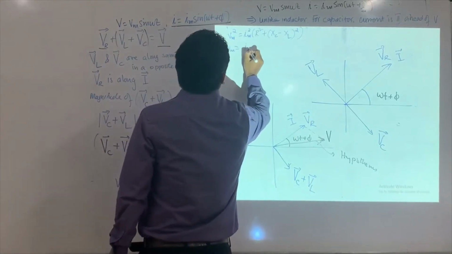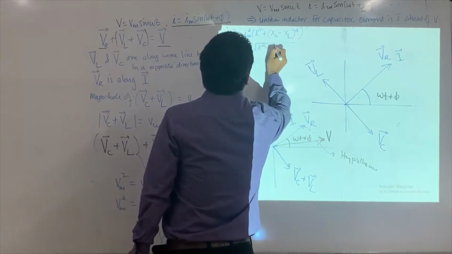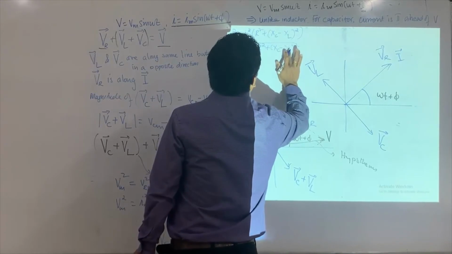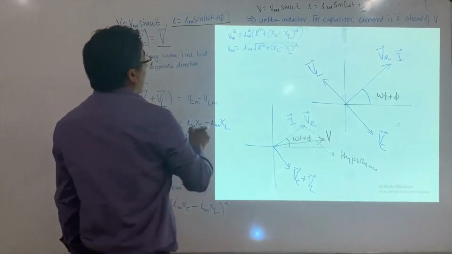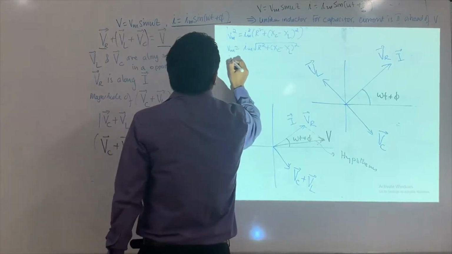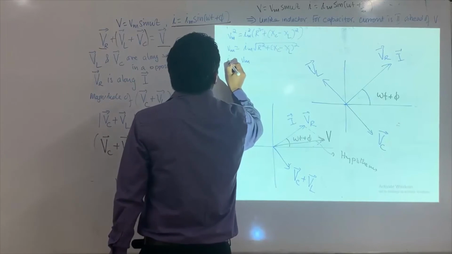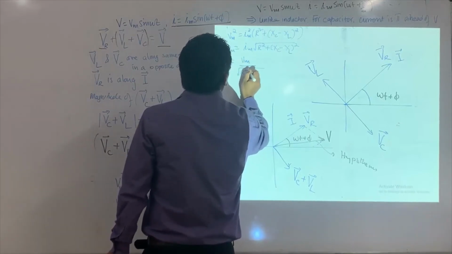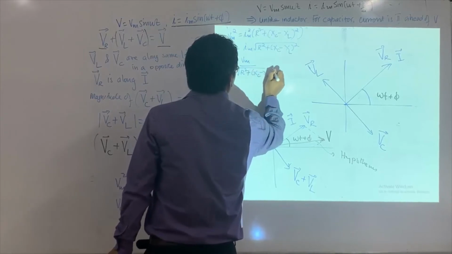Vm is equal to Im root of R squared plus XC minus XL whole squared. And now I got it: Im is equal to Vm divided by the root of R squared plus XC minus XL whole squared.